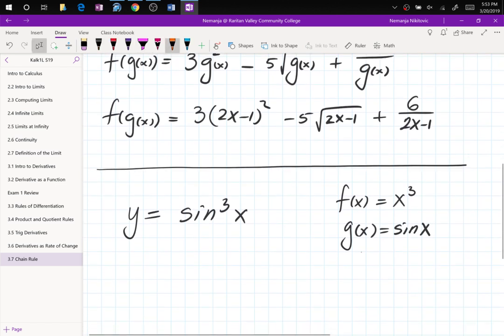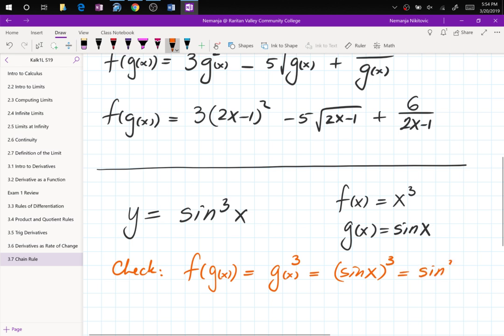Because if I check this, if I want to compose f with g, I will put g of x cubed, and that's going to be sine x cubed, which we can write with the cube over there. So what we need to have as a skill is decomposing function composition, so that we see each one of the individual functions so that we can take derivatives.